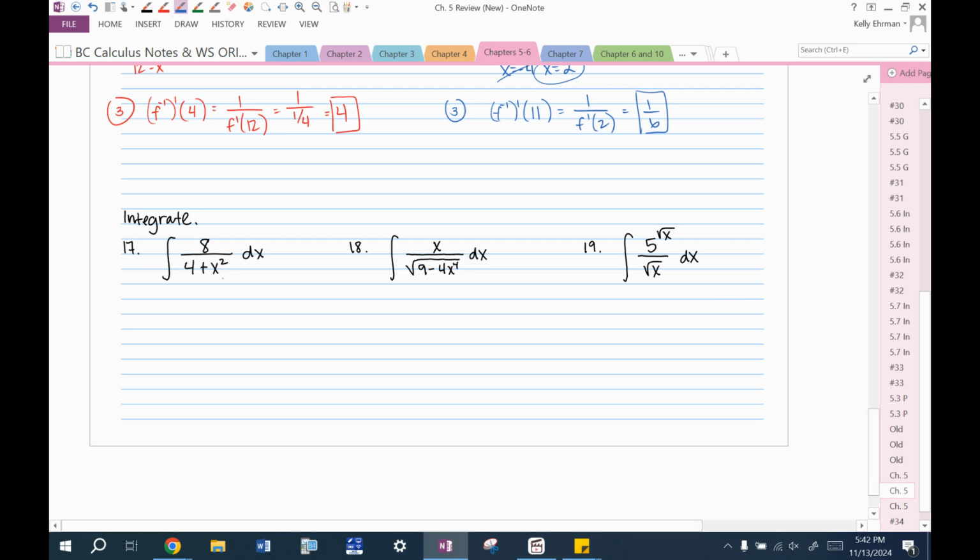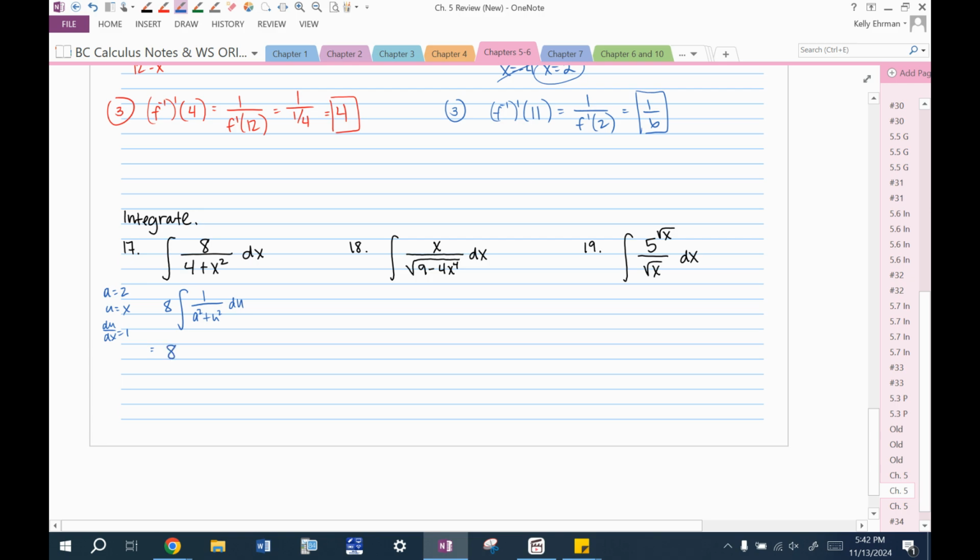All right, so I see a constant over a sum of squares, so that yells arctan to me. So a is equal to 2, u is equal to x, du dx is equal to 1. Let's take the 8 out in front. So yeah, it's 1 over a squared plus u squared du.